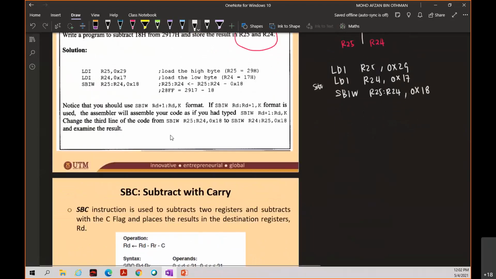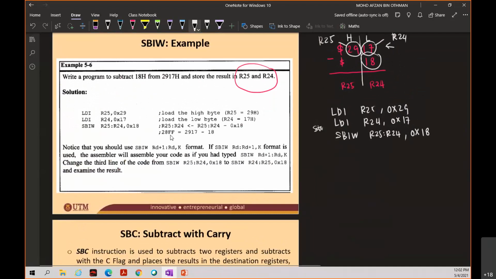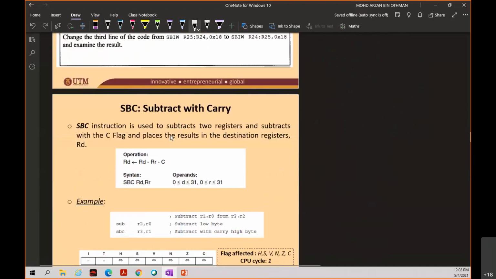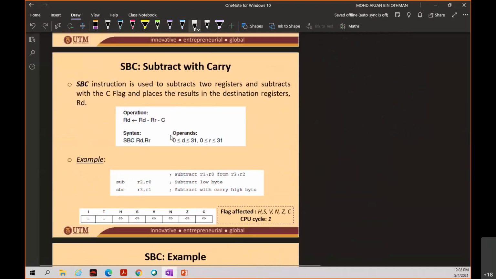Okay, so that is for the SBIW. Next we have the SBC.